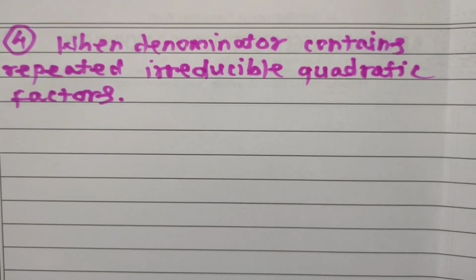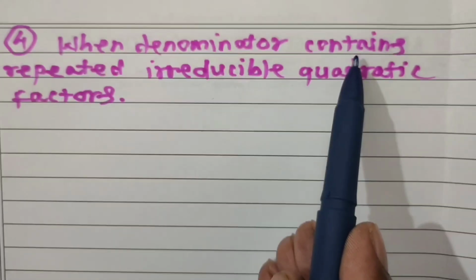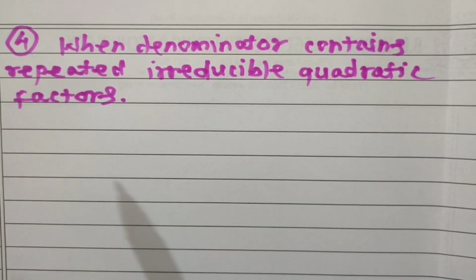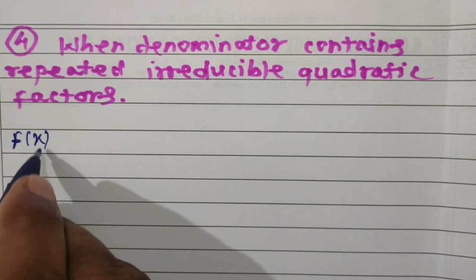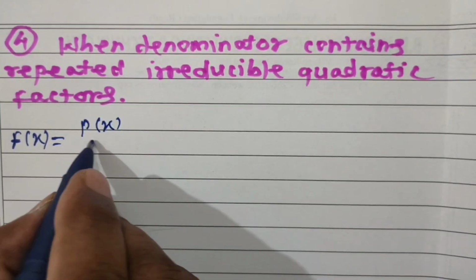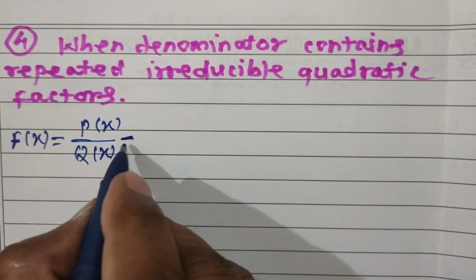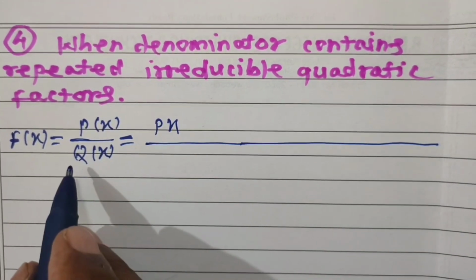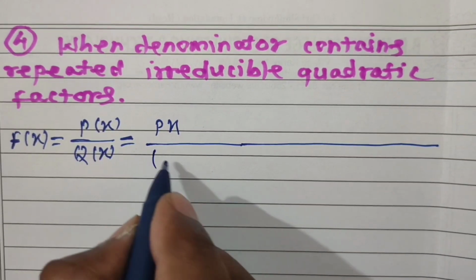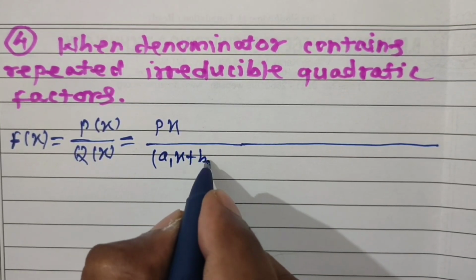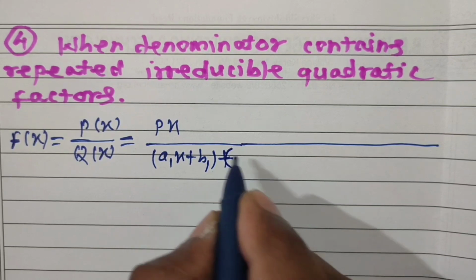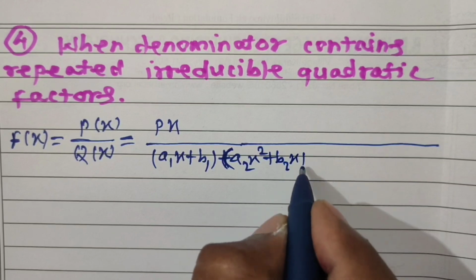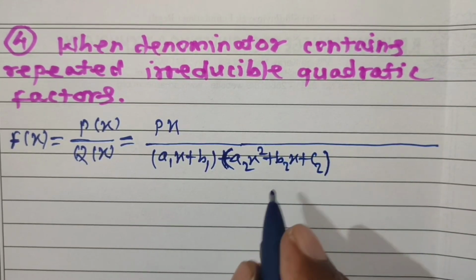Type number 4 is when denominator contains repeated irreducible quadratic factors. We are considering polynomial f of x is equal to, suppose, p of x upon q of x, and this polynomial is given like this: finding factors of denominator. Suppose one factor is linear, a1x plus b1. Second factor is quadratic, a2x square plus b2x plus c2, and this is non-repeated.